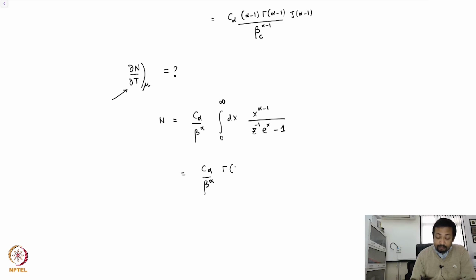I am going to bring in a factor of gamma alpha and this becomes f of alpha plus of z.